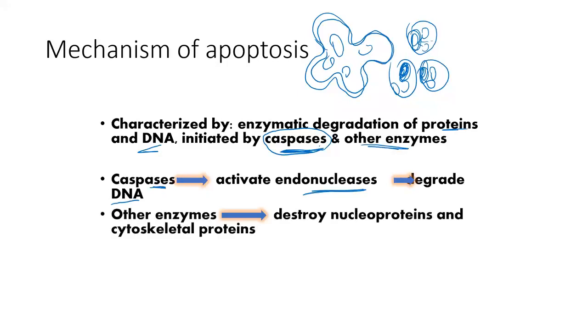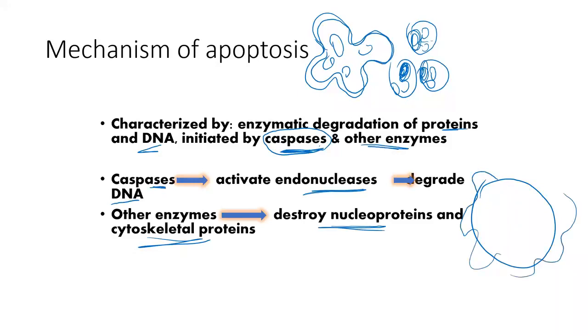Other enzymes involved in the process of apoptosis are responsible for destruction of nucleoproteins and the cytoskeletal proteins, and these cytoskeletal proteins are responsible for the integrity of the membrane. If you damage the cytoskeletal proteins, this will allow you to have these convolutions of the membrane and formation of apoptotic bodies. And so we need caspase and other enzyme activation to reach the apoptotic body formation.